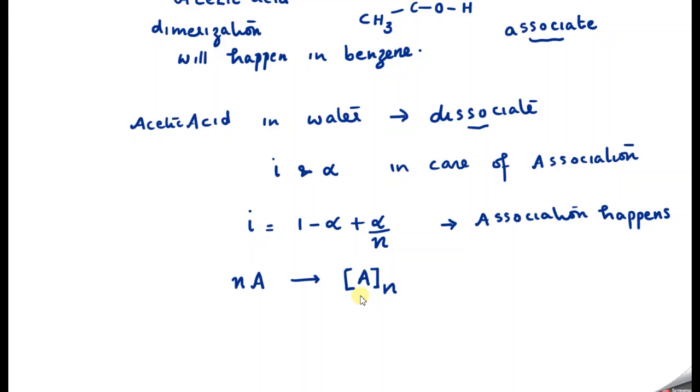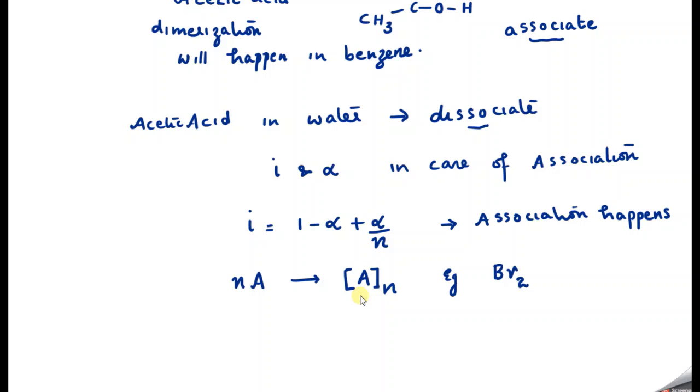So there are n particles of A combining to form a single molecule which contains n atoms of A. You can consider the example of bromine. If you are taking two bromine atoms, it will form a single molecule of Br2. So you understood what n is here, the initial number of particles of acetic acid in this case.